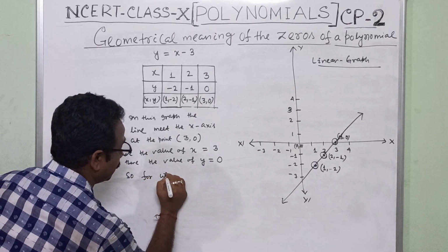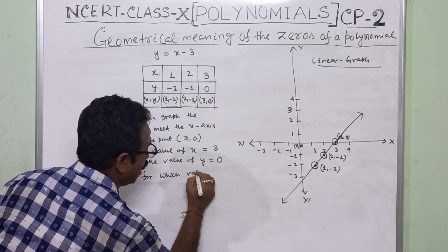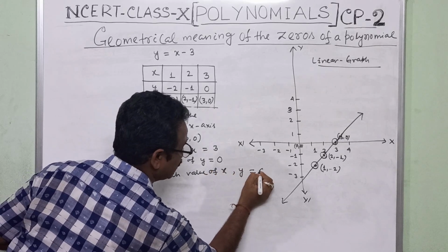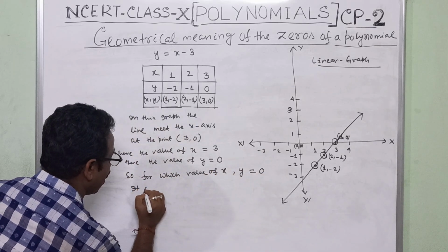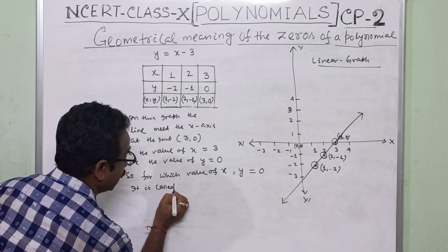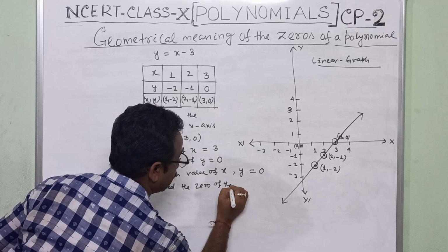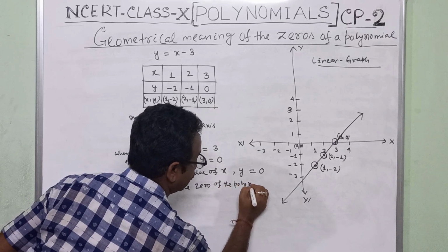For which value of x, y is equal to 0, it is called the zero of the polynomial.